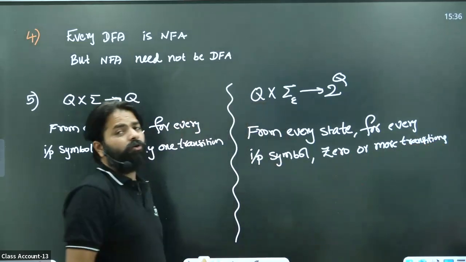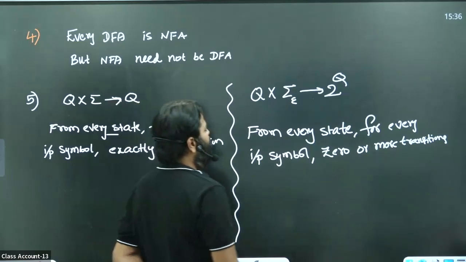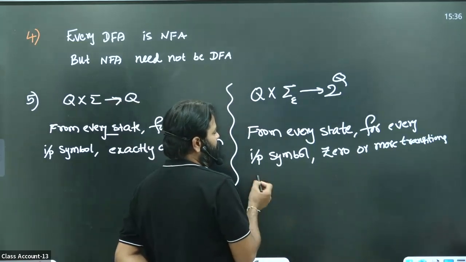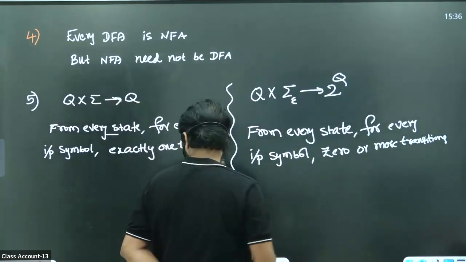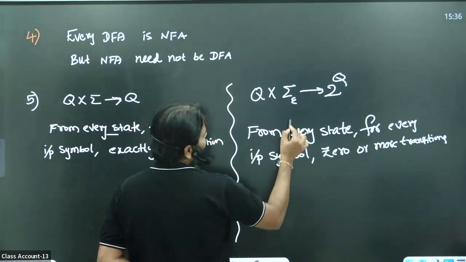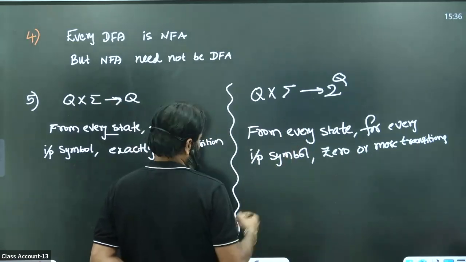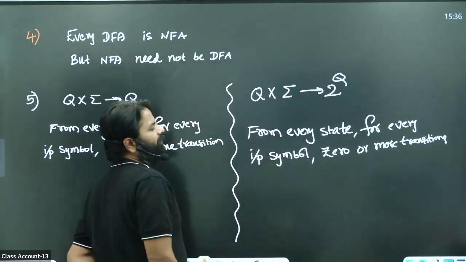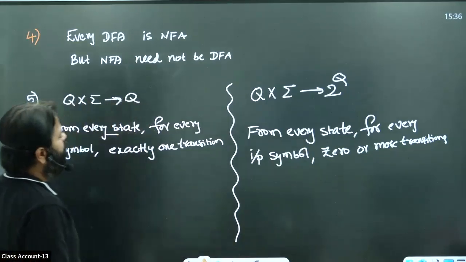Sometimes with no input symbol also you may have a transition, because epsilon means without input also you can change the state. Okay, I'm just leaving epsilon.